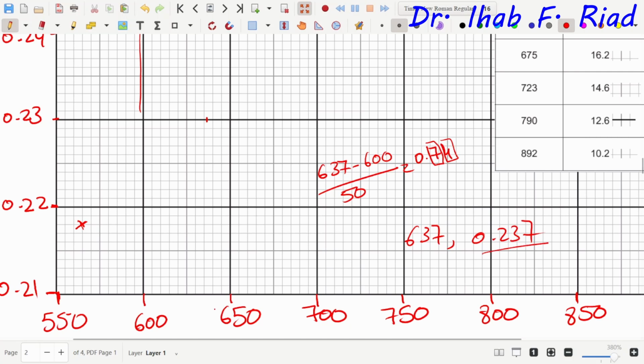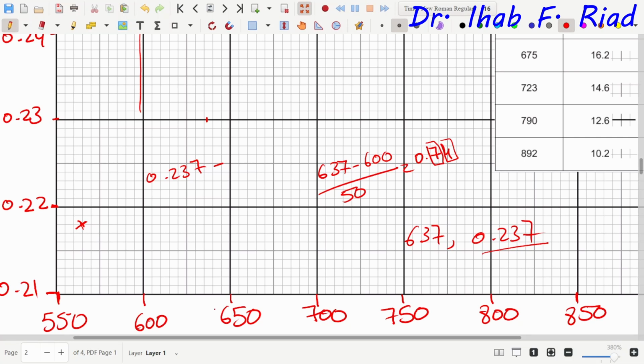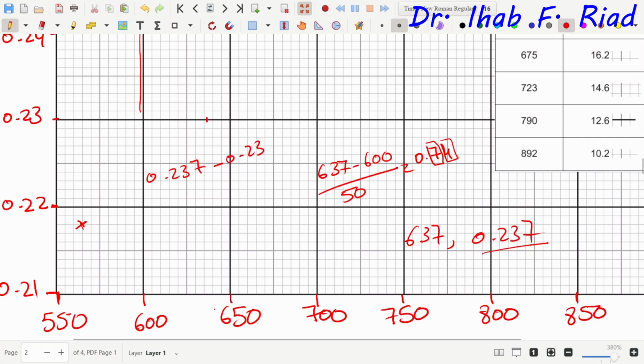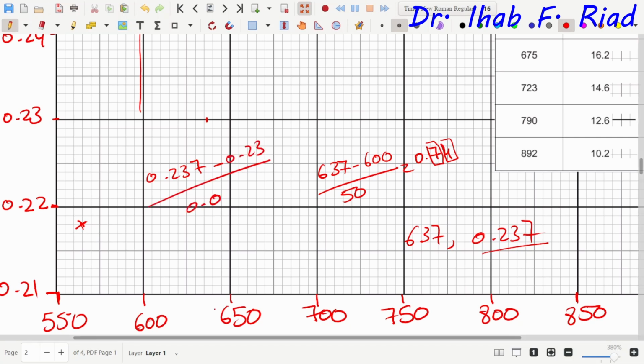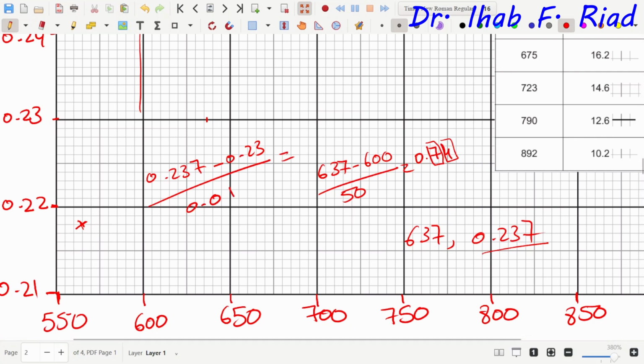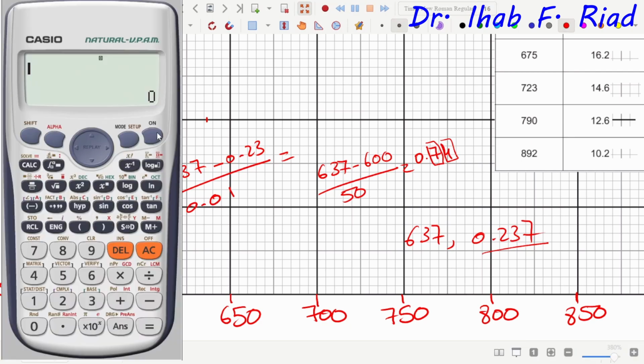Okay. What about the 0.237? What is the closest mark that we can use? It is 0.23. So 0.237 minus 0.23, and we divide by 0.01.